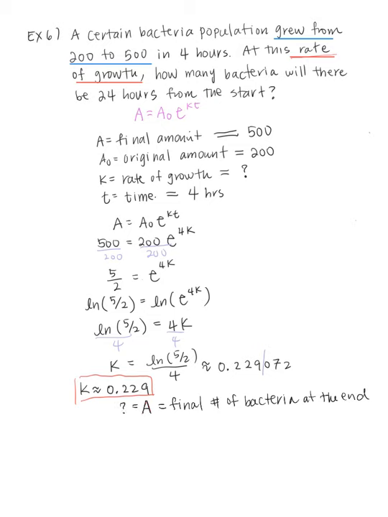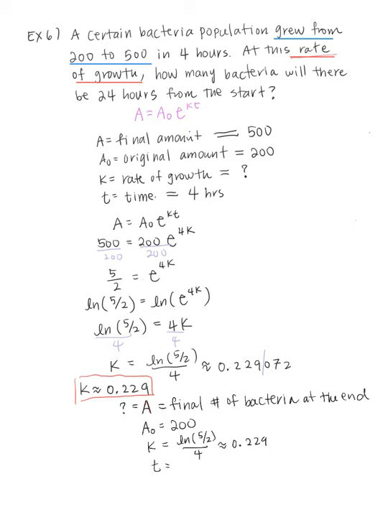Now, our A sub 0 was the original amount of bacteria, so that's 200. And then now we have K. K is ln of 5 over 2 over 4. Yes, I know, this is approximately 0.229. I'll just leave it like that. Now, what is the time t?